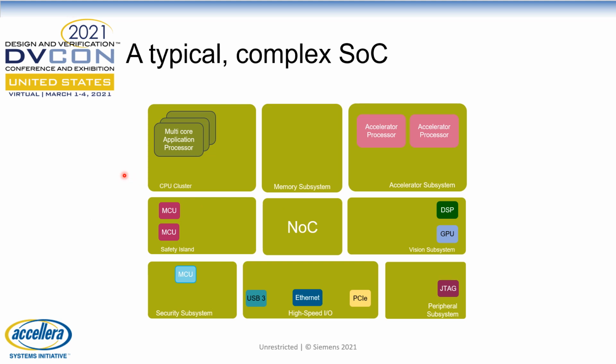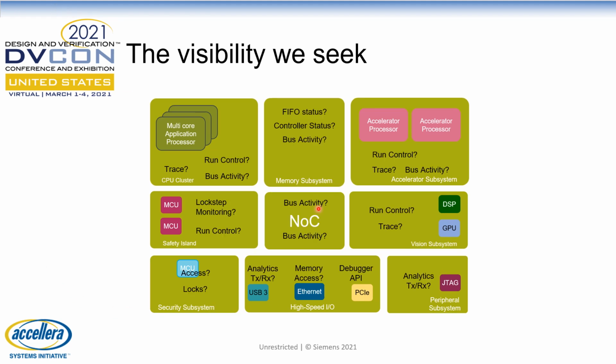Here we have a generic SoC. It contains some CPU clusters, safety and security subsystems, memory, vision subsystem, accelerate subsystem, a NOC, some high-speed IOs, and a peripheral subsystem. To be able to address some of the complexity we had discussed earlier, we will want to provide visibility into activity in different parts of the SoC.